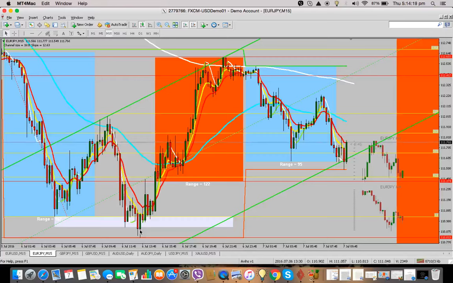All right. The other thing that you can rely on is this, write this down somewhere. When you're looking at a multi-session double top or double bottom, what you are almost guaranteed of is that when the market does eventually move, it's going to move quite significantly, and then there's going to be a retracement.